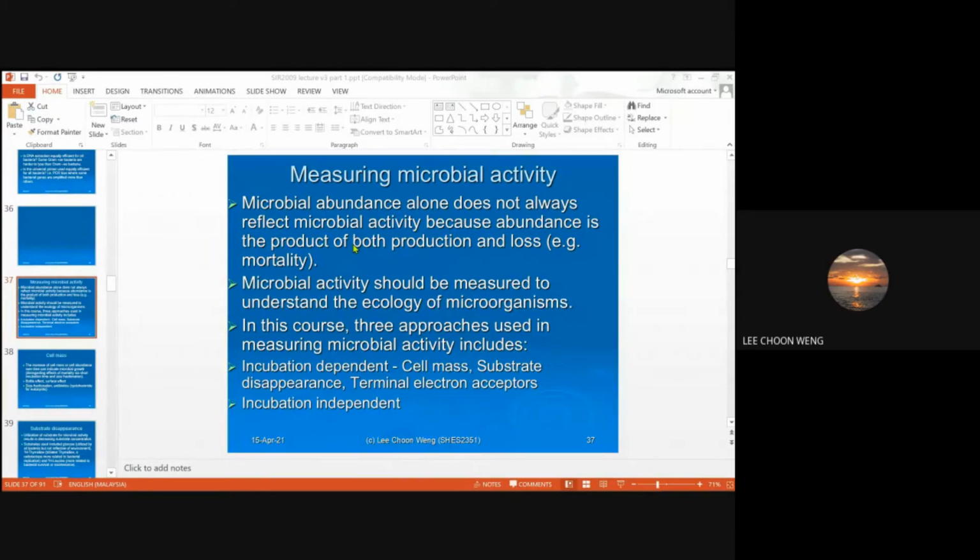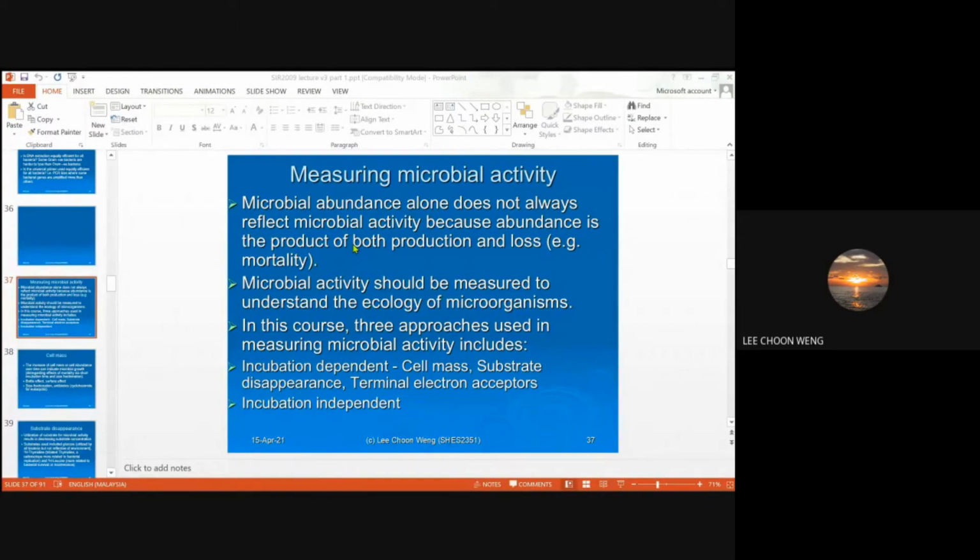For example, nitrogen fixation genes. If they can probe for the nitrogen fixation genes, then later on I'll tell you how they can determine the activity of the nitrogen fixation in the microorganisms.